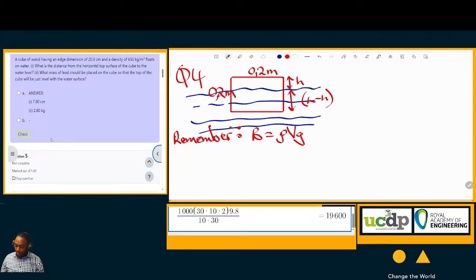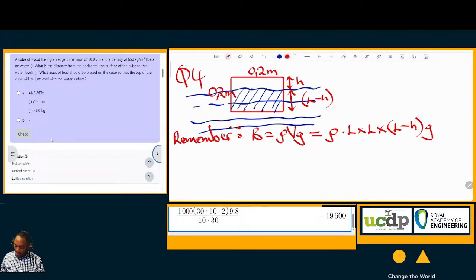This is your density multiplied by the volume of the displaced fluid, which would be the length squared times L minus h. That is the volume of water displaced, and obviously multiplied by your g.